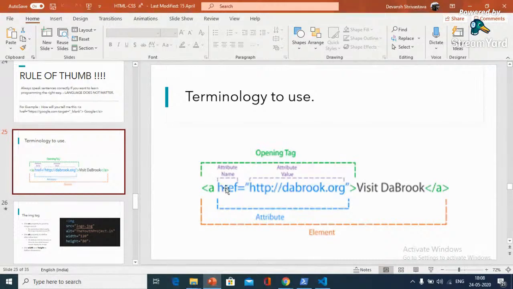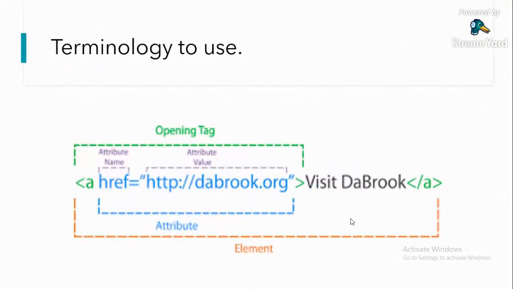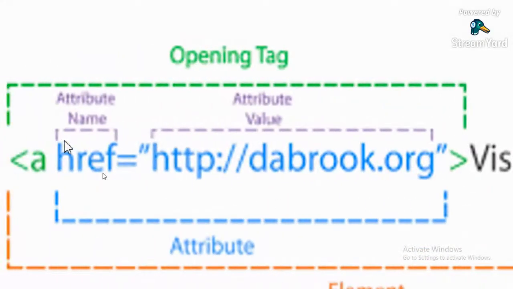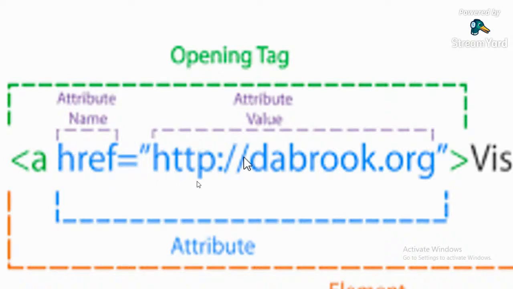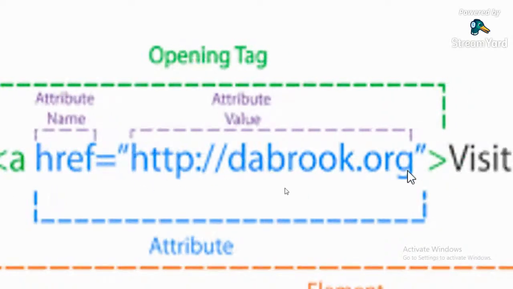The name of that attribute is href. Hope you guys are able to see. Let me zoom in a bit. The name of that attribute is href, and the value of that attribute is this, the url.